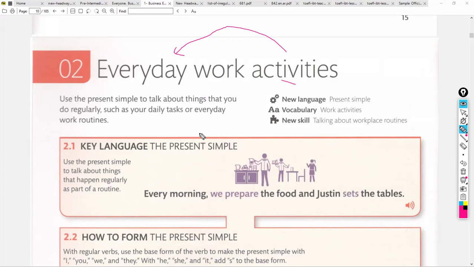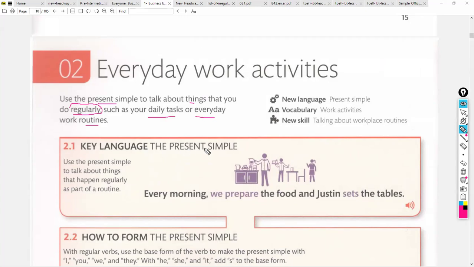After practicing, I have more than one question for you to speak, just to practice using the simple present tense. Now let me recap. Use the simple present tense to talk about things that you do repeatedly, regularly, like daily routines or everyday work routines.